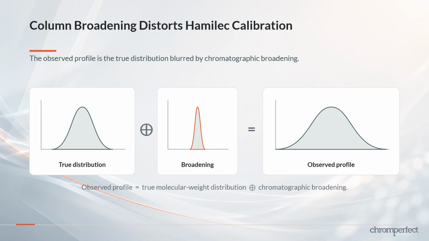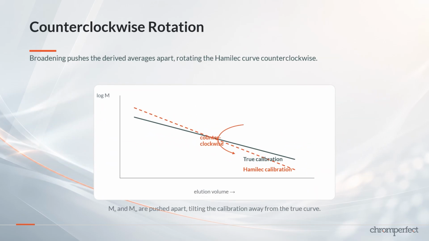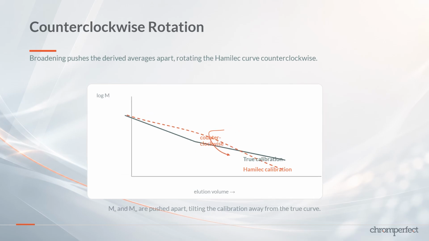The Mn and Mw positions derived from the broadened profile are therefore farther apart than they would be without column broadening. The resulting Hamilec calibration curve tends to rotate counterclockwise relative to the true calibration curve that would be obtained from narrow standards. The curve is therefore not a direct estimate of the true molecular weight versus elution relationship.